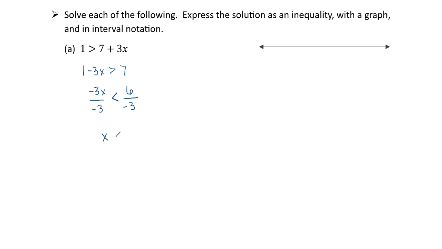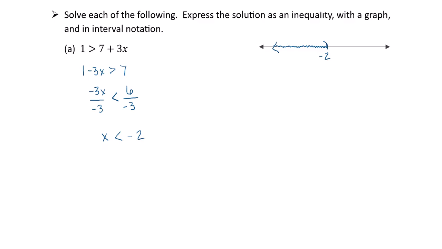x is now less than -2. When we graph this, we can just put the critical value of -2 there, and we are shading all the things that are less than -2.